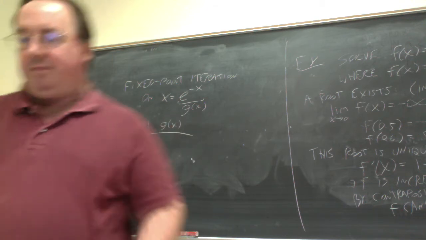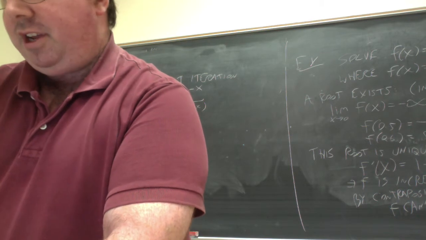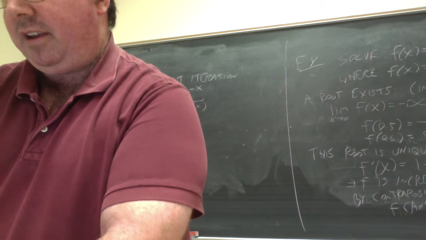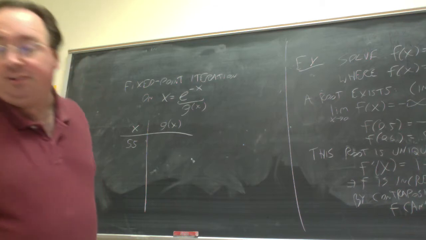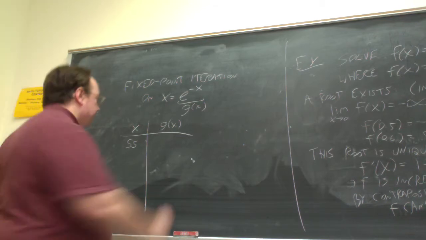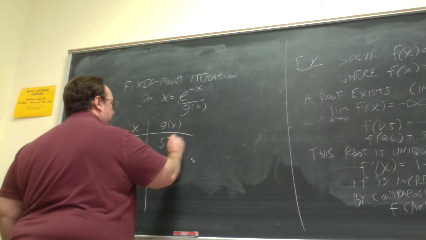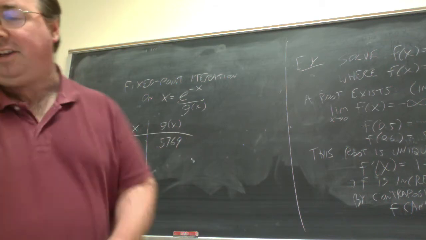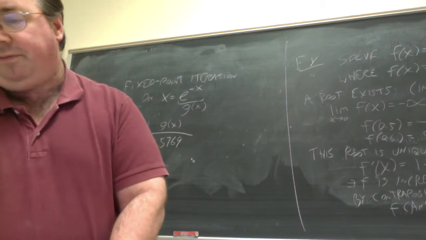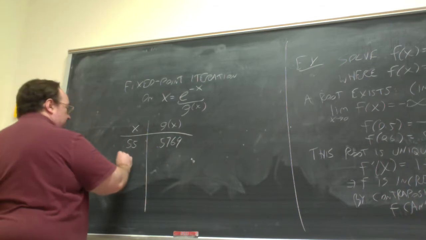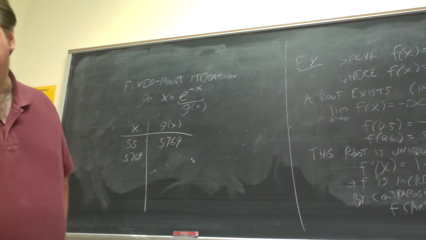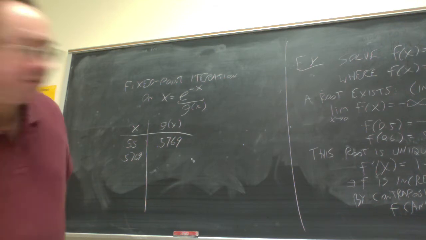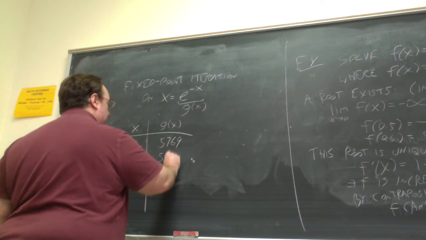Okay, so now I have g is e to the minus x. All right, so g of 0.55 is 0.5769. At least we're staying in the interval. Hopefully we will continue to stay in the interval. Then I move that down here. 0.5616. All right. Better.